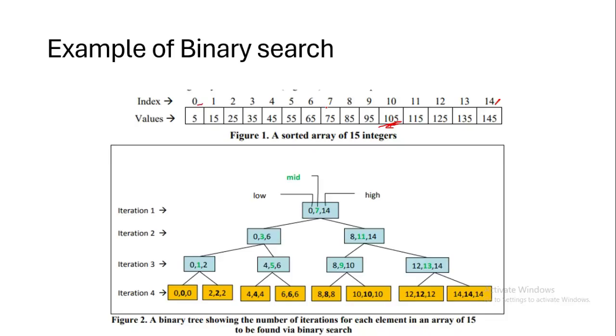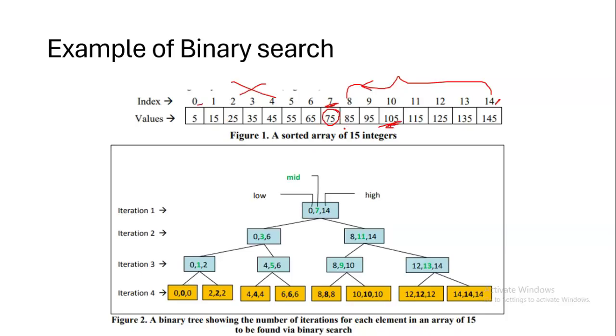Then we find the mid of this array, which comes out to be 7. We compare this mid element with the element to be searched, that is 105. As 105 is greater, we focus our search on the right part of the array and totally neglect the left side.